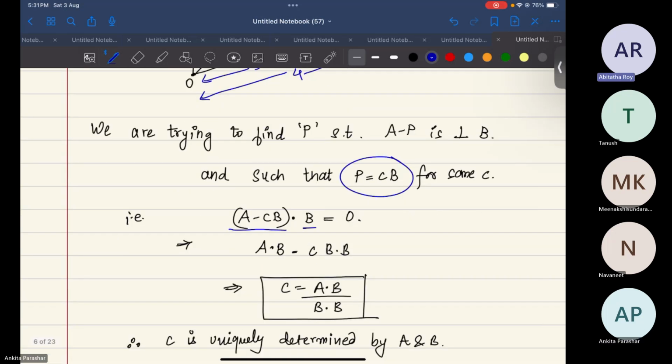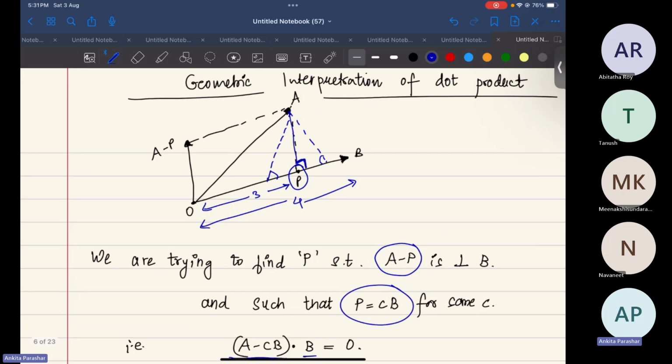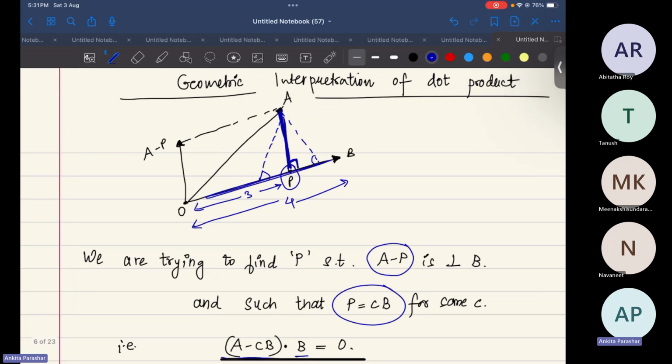How is A minus CB dot B equal to 0? What is A minus P? It is that vector, right? This vector is A minus P, and it is perpendicular to the vector B. One vector is A minus P, another vector is B, and clearly the angle between them is 90 degrees.